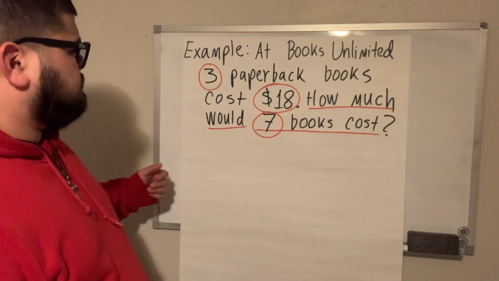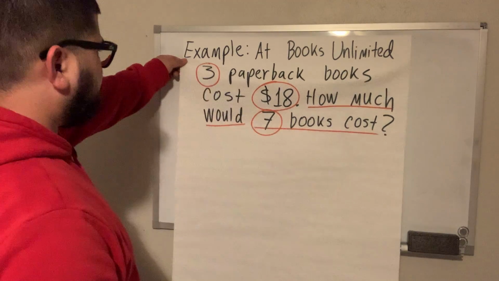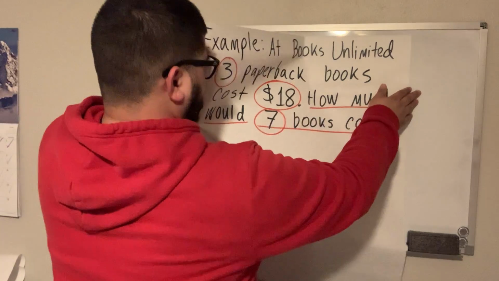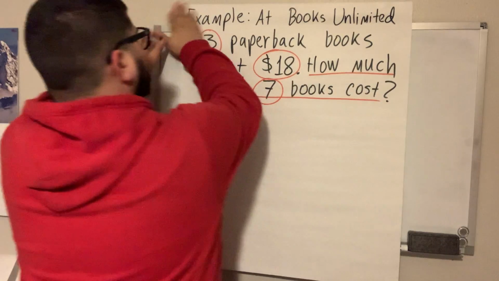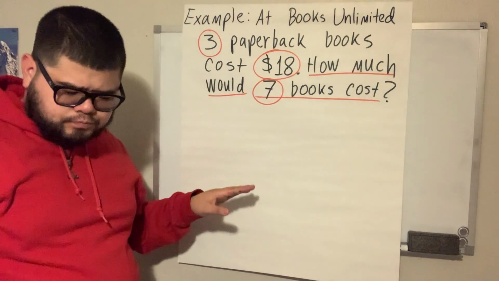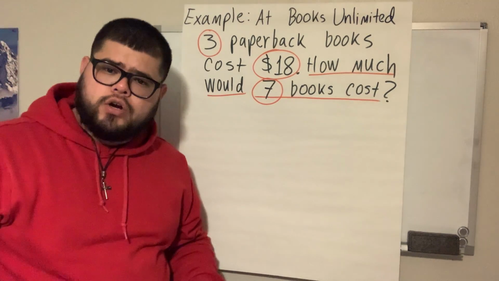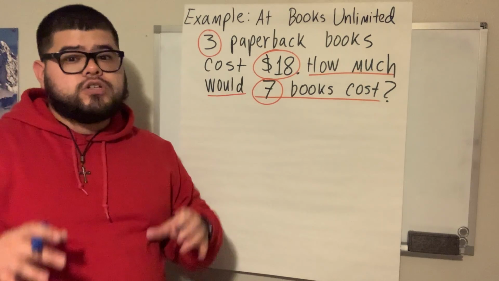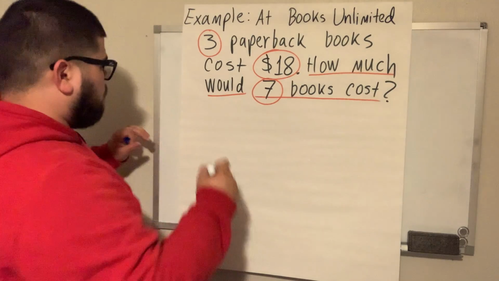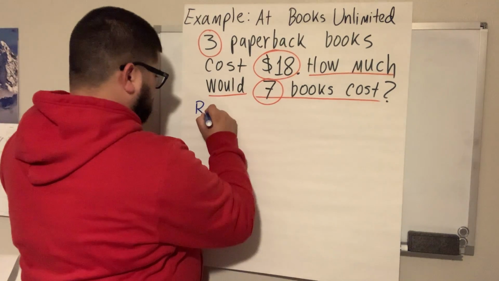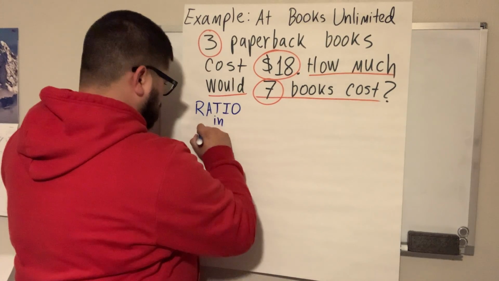All right, here we go. The way we're going to start this problem is we're going to create a ratio in words. I know I said we're going to use proportions. We are, but before we can use a proportion, we have to come up with the ratio. So here we go. Our ratio in words.